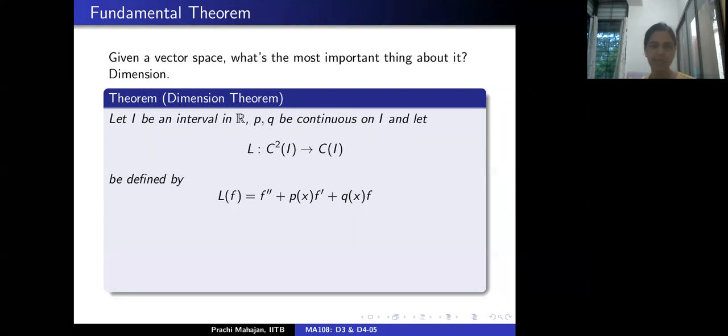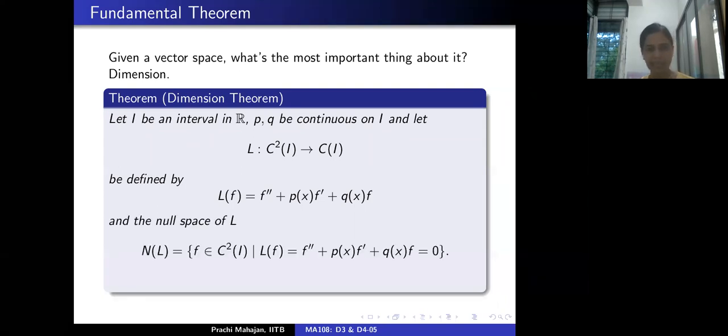And the null space of this linear transformation is given as follows: all those functions f for which L of f is 0.